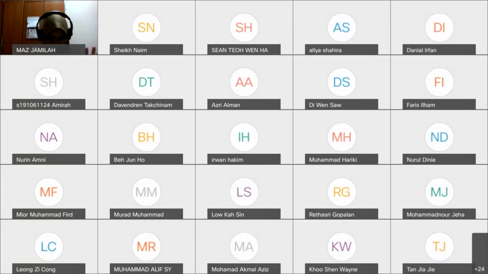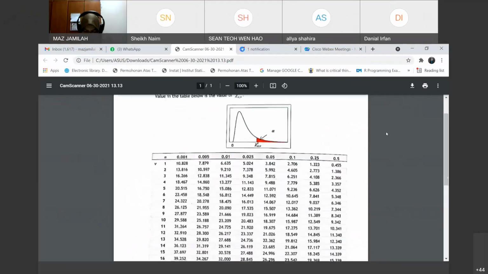Since you are using different types of distribution, it is good to make sure that you are referring to the correct distribution. If you look at your page 216, this is your chi-square distribution.